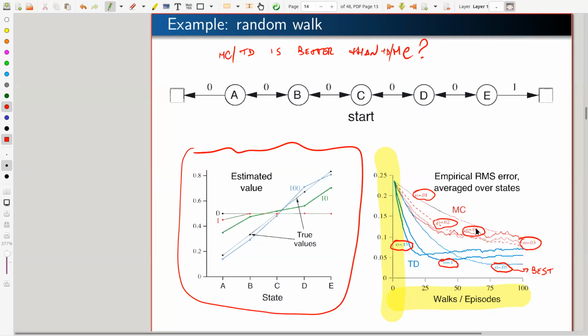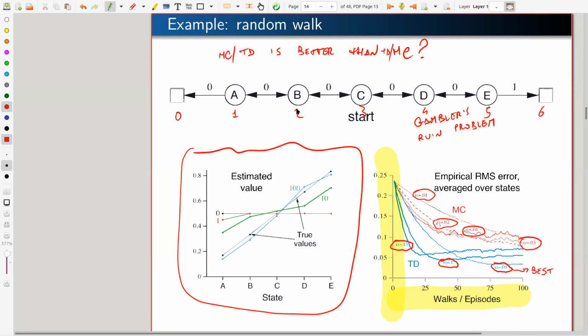Okay, this is the gambler's ruin problem, if you know this kind of problem. You have a certain amount of money.